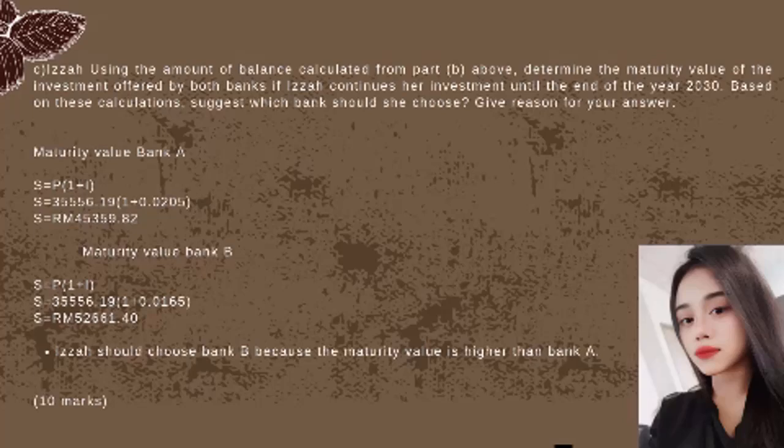So the answer we will get is 42,661 ringgit 40 cent. So Izzah should choose bank B because the maturity value is higher than bank A.